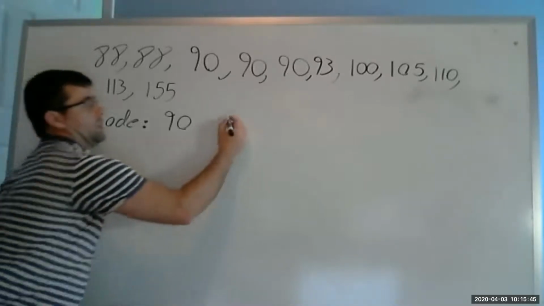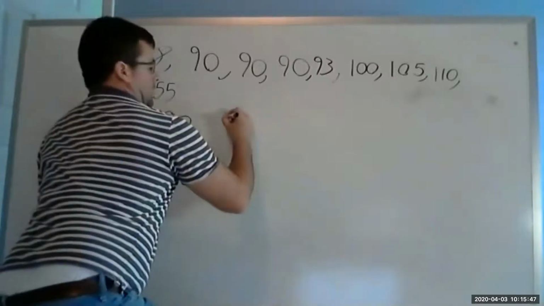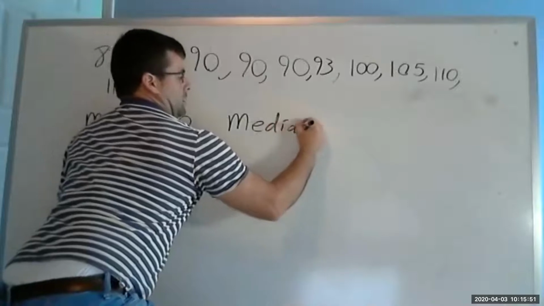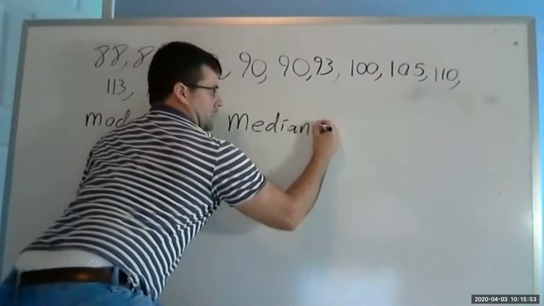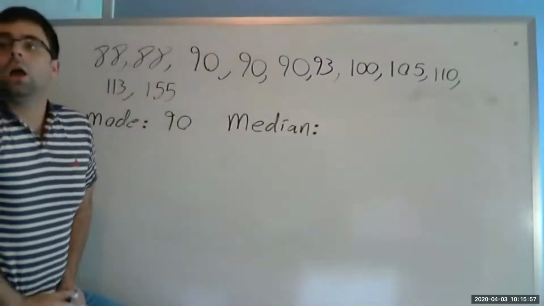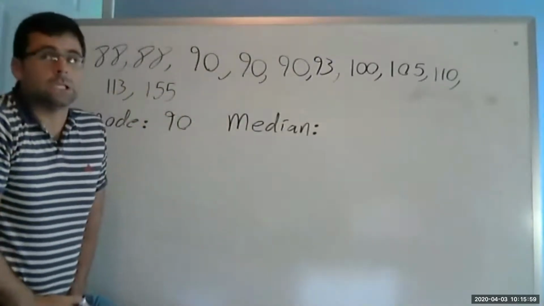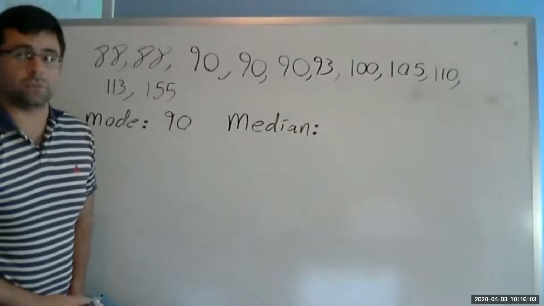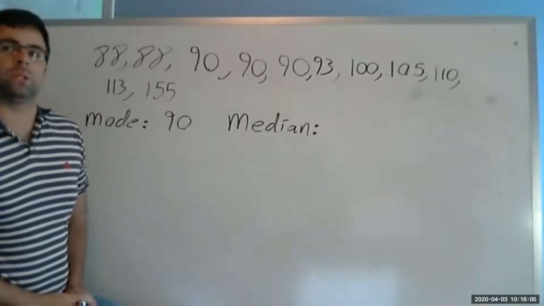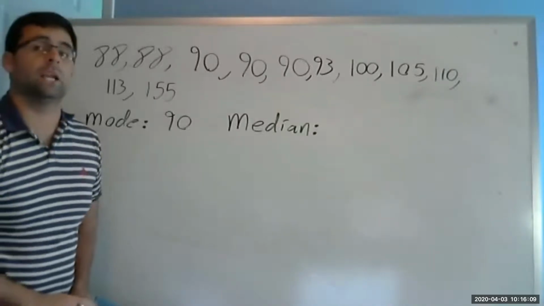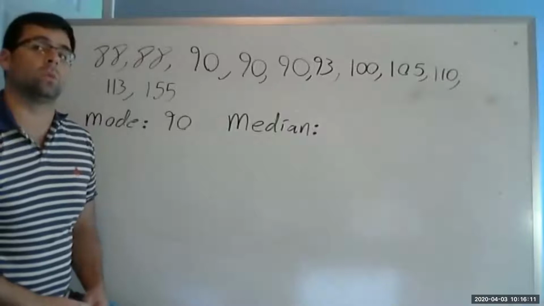What about the median? 93. 93. So how do you know there's only one of them?